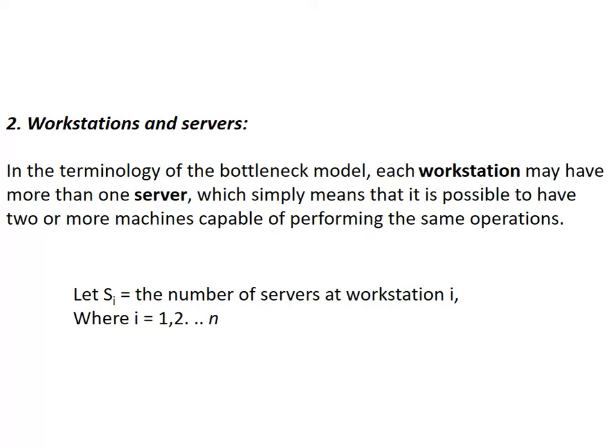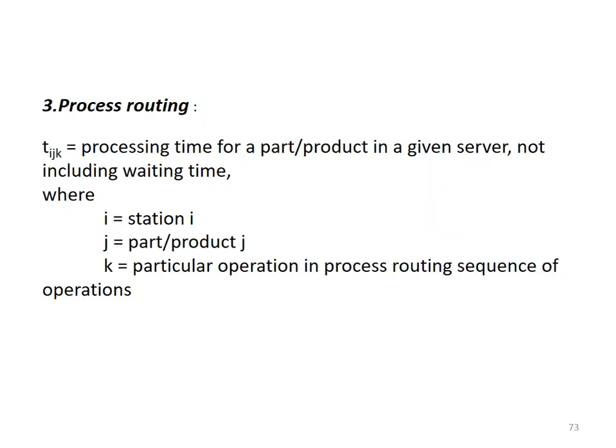Workstations are the machines, like a CNC drilling machine, a CNC milling machine, or the many other types of machining processes we have. The number of servers at a respective workstation i is denoted as Si, and the servers are the replicated copies, normally called servers of that particular workstation.